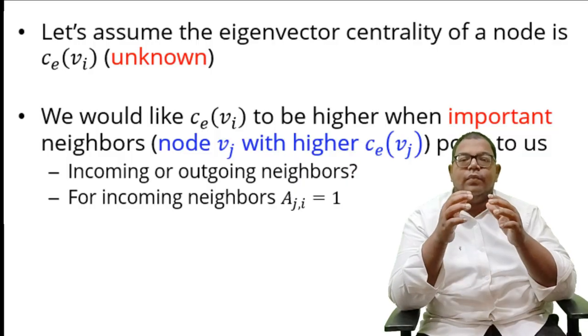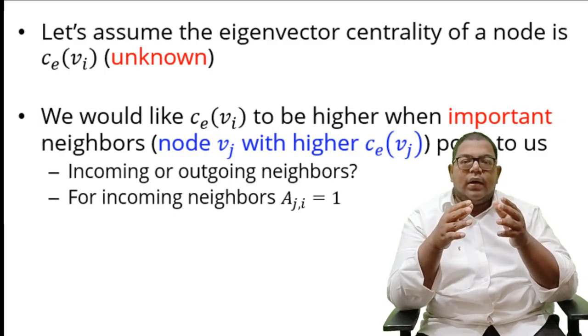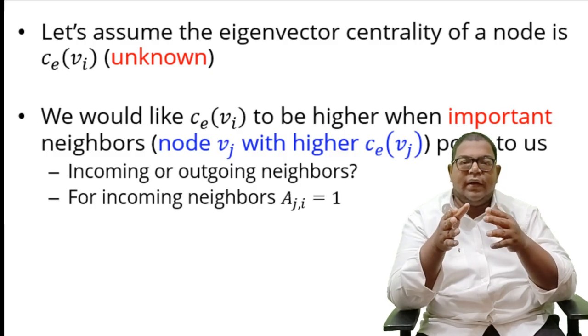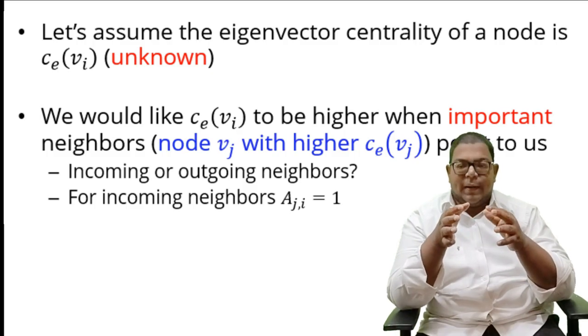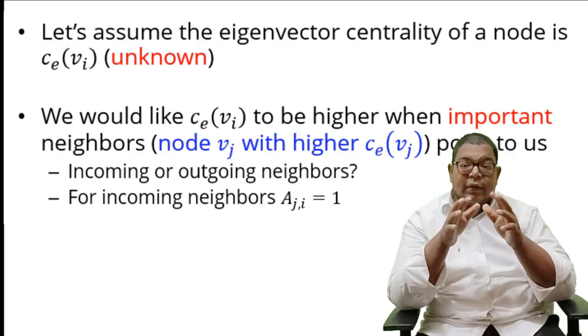Let's assume the eigenvector centrality of a node Vi is Ce of Vi. When my neighbors are important, my importance is also increased.